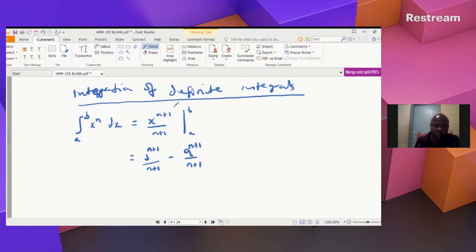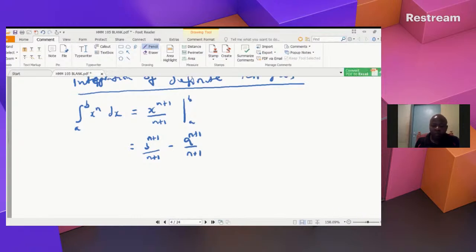So what we did first was just to integrate, and then we put the upper limit, and then minus what we get when we put the lower limit. But let's look at a few examples, just because we already know how to integrate.